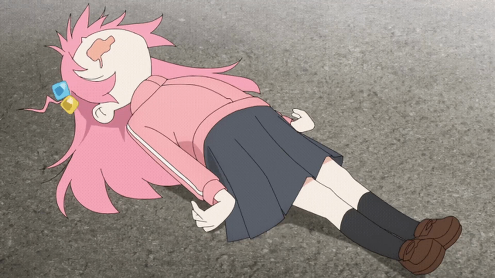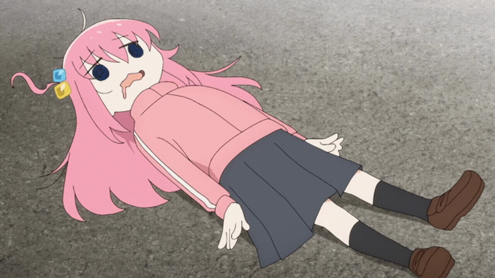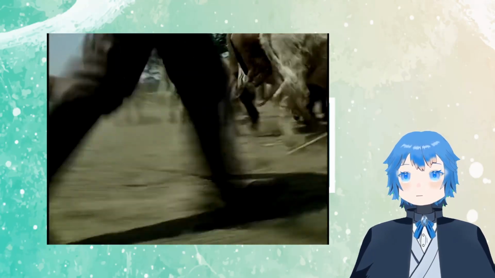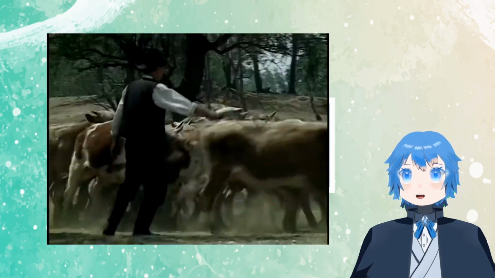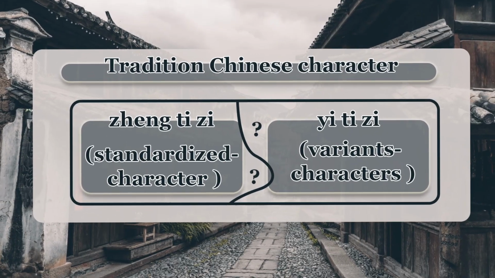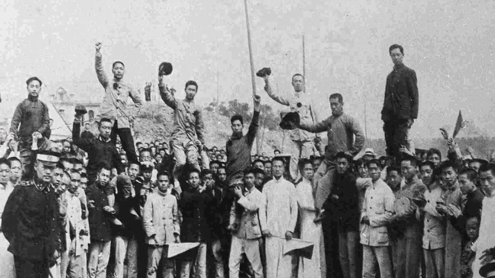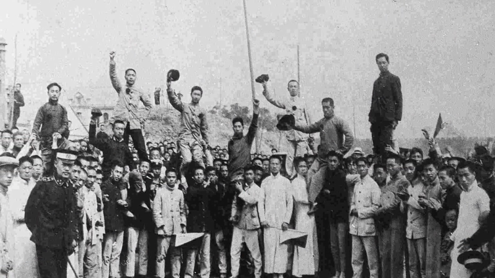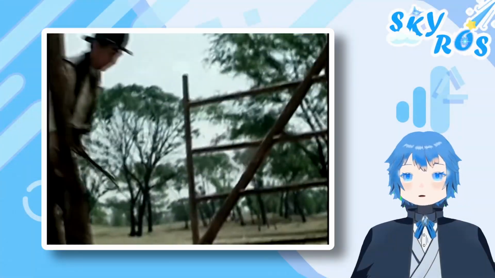Well, at least not as hard as in modern China. Then this character system basically continued for thousands of years until the Republic of China era, around the 1910s AD. This system was completely broken. The Chinese written system underwent a radical change because science and modernity had come to China.